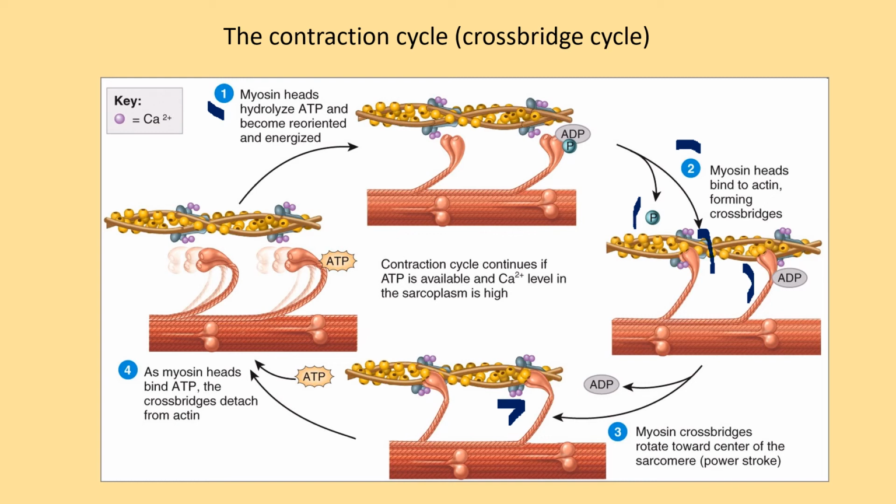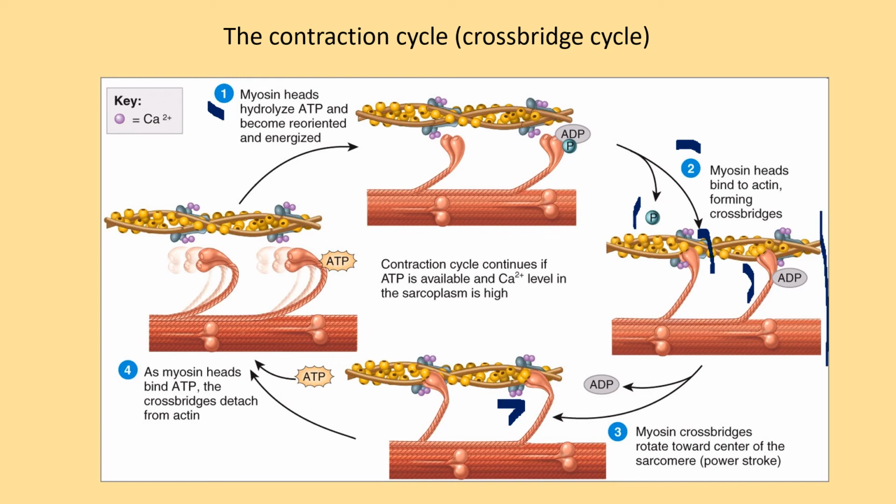So as that myosin head is going from a high energy position in step two to a low energy position in step three, it physically shoves the thin filament. And that's called a power stroke. Notice the position of this thin filament relative to the thick filament.